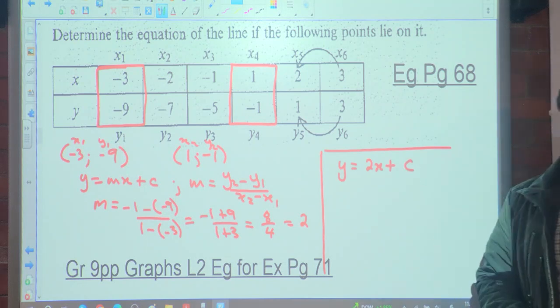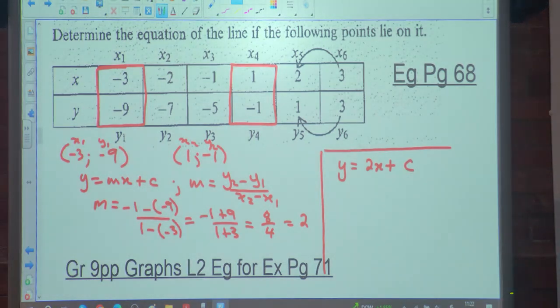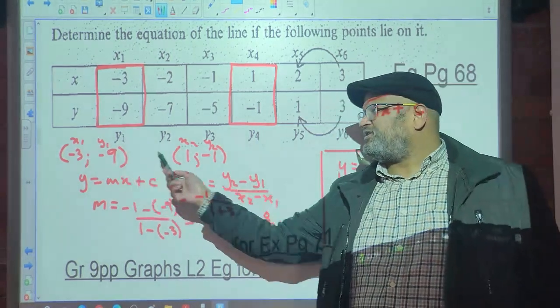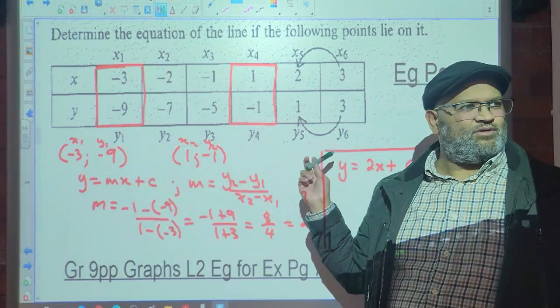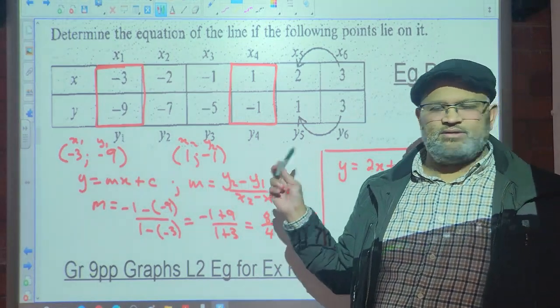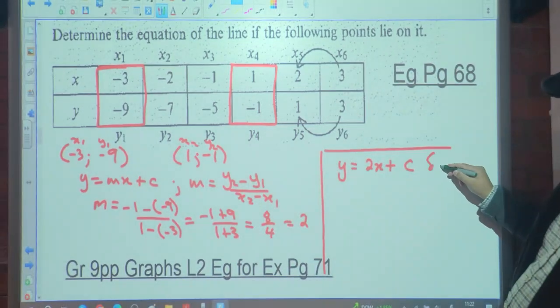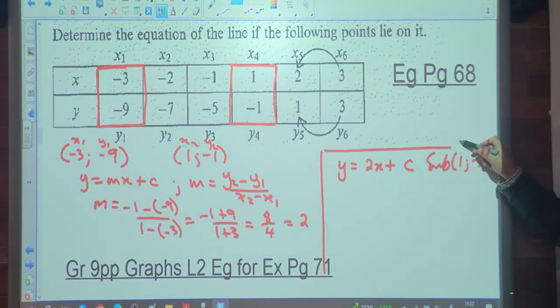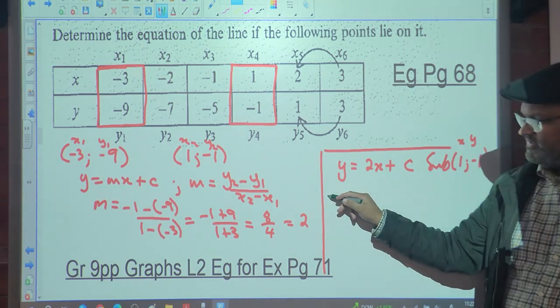So what do we still need to solve here? c. So I substitute any of these 2 points into the equation. Okay? So let's substitute 1 and negative 1, knowing that's an x and a y. So what do we have?